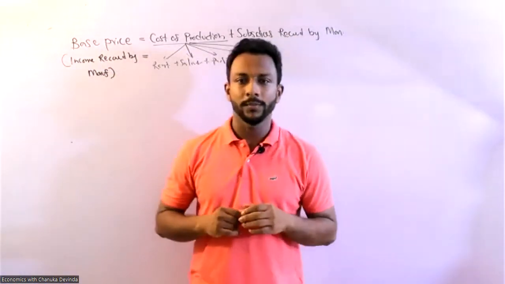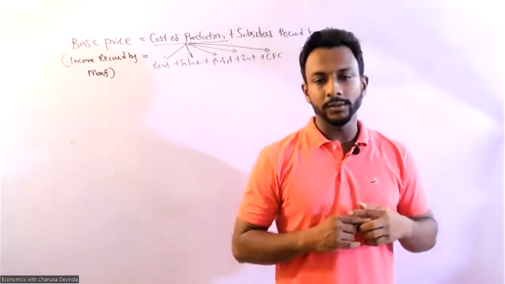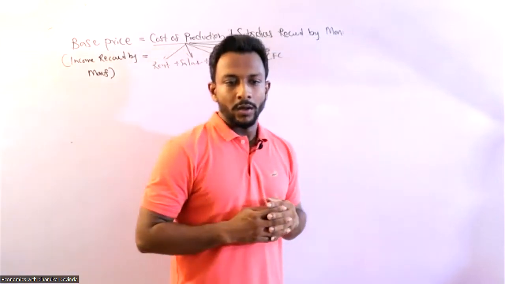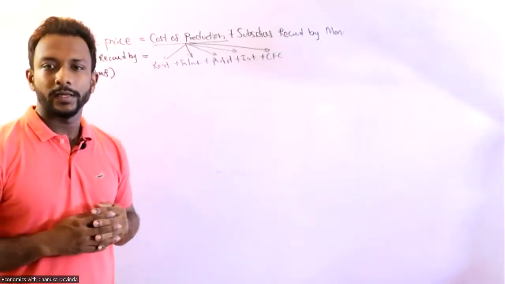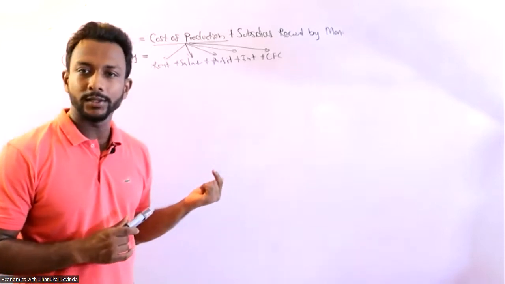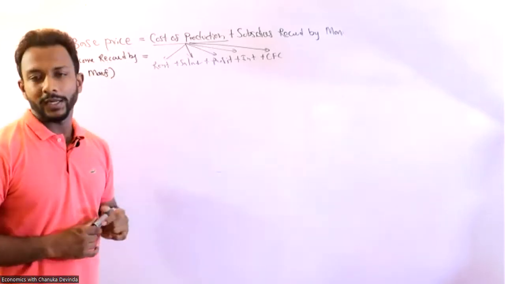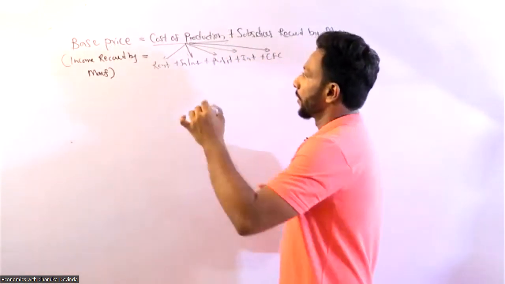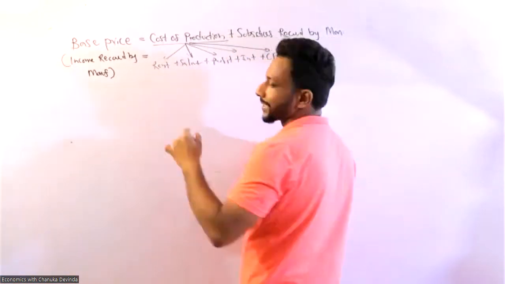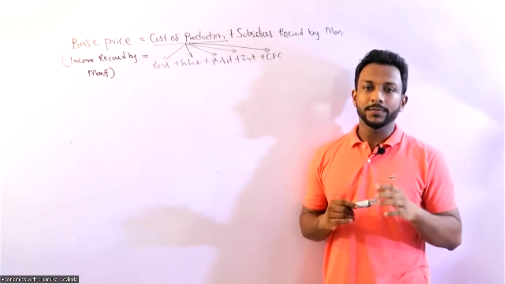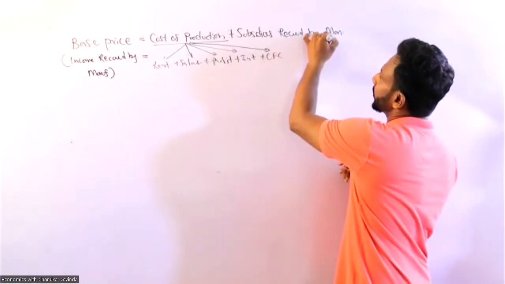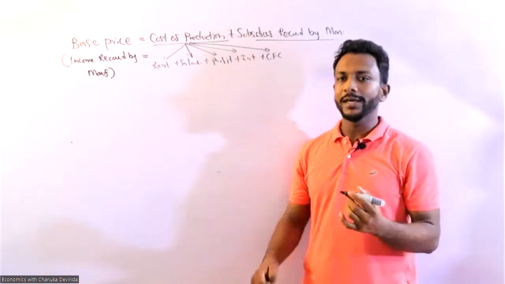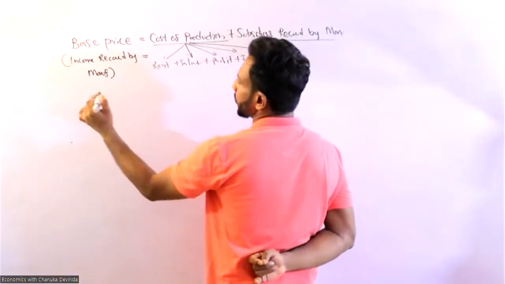And the next one, manufacturer's price, right? So now you know how to calculate base price. Manufacturer's price equals, one more thing. What is it? Subsidies, right? Here subsidies are included. Subsidies received by the manufacturer are included, but tax is not included, right?